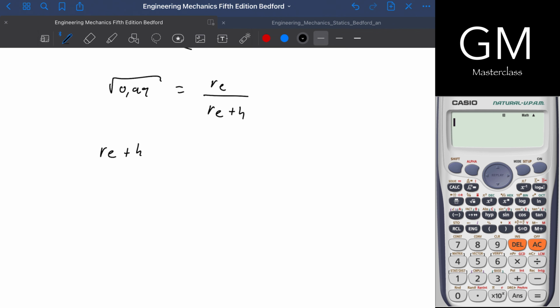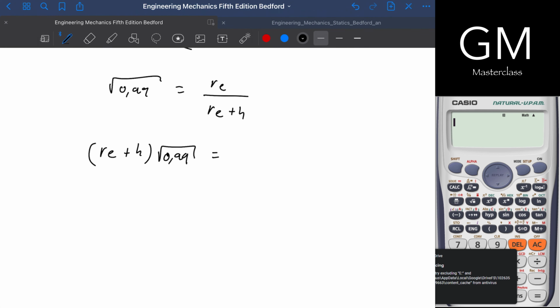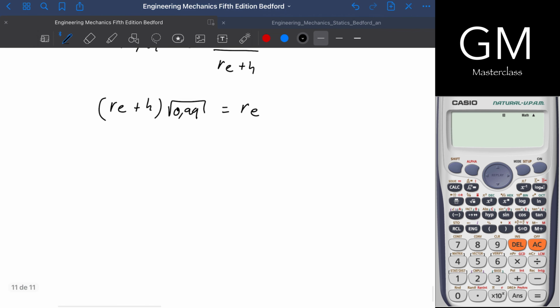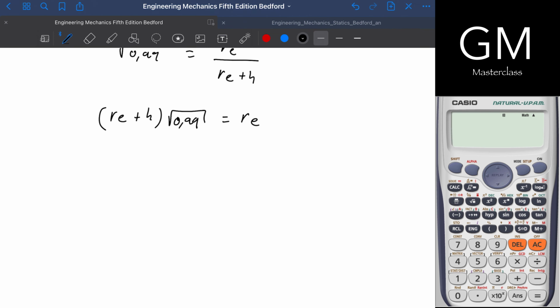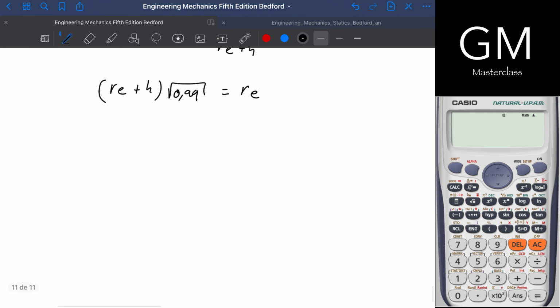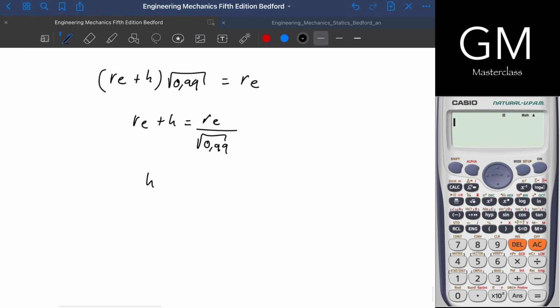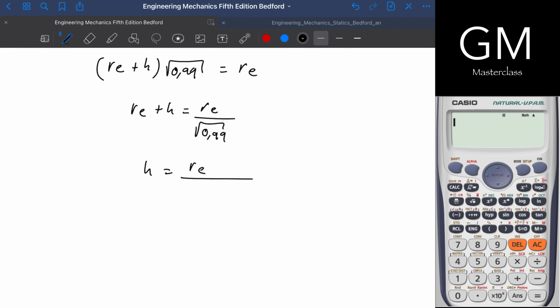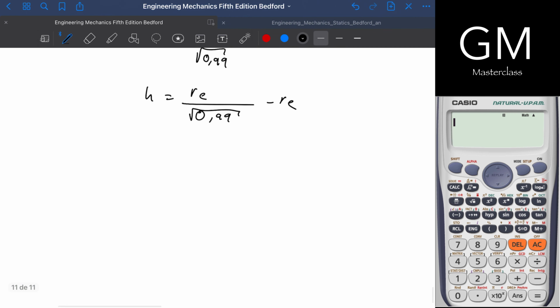So R_e plus h multiplying the square root of 0.99 equals R_e. Now I'm going to send the square root of 0.99 to divide the R_e. So R_e plus h is equal to R_e divided by the square root of 0.99, and then I'm going to send the other R_e to subtract from the division. This is the answer to the problem.